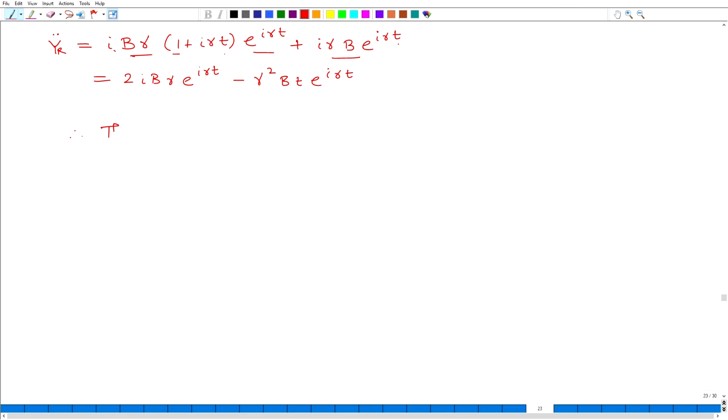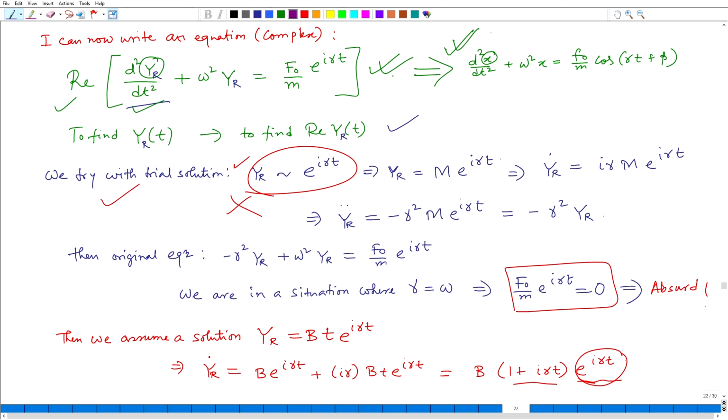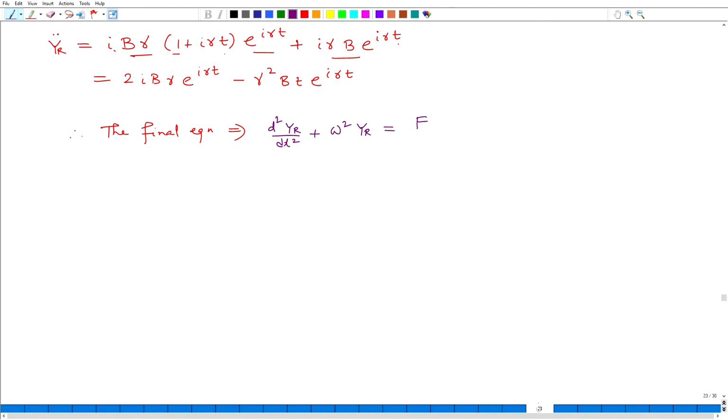So, the final equation, I again use a different color, gives d2 y r dt2 plus omega square y r is equal to, what was the equation, I just check, f0 by m e to the I gamma t.